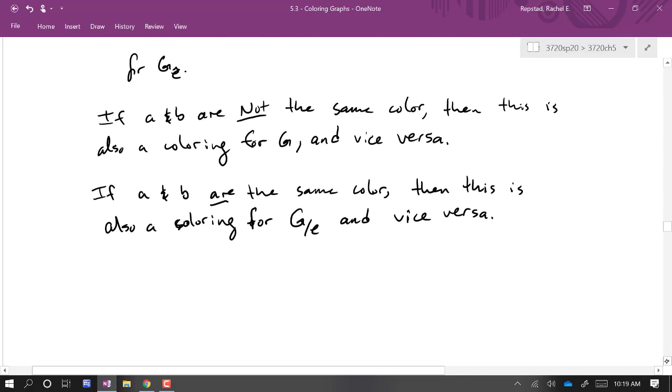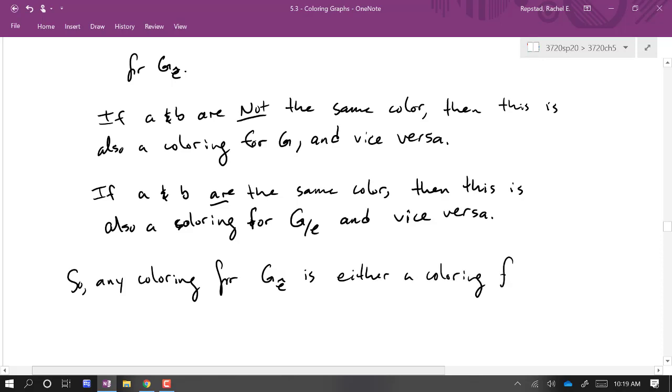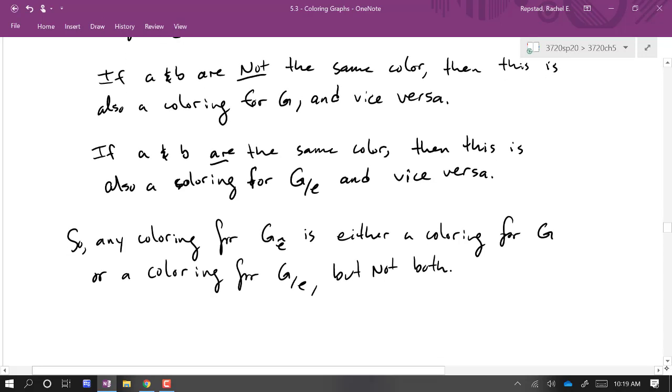So now here's what we have. Any coloring for G sub E hat is either a coloring for G or for G mod E, but can't be a coloring for both. And now using the basic addition counting principle, right?